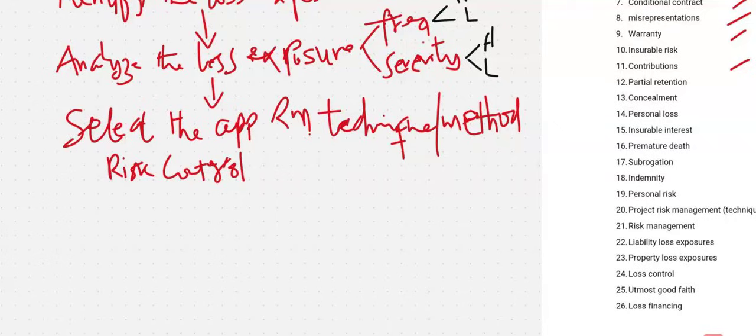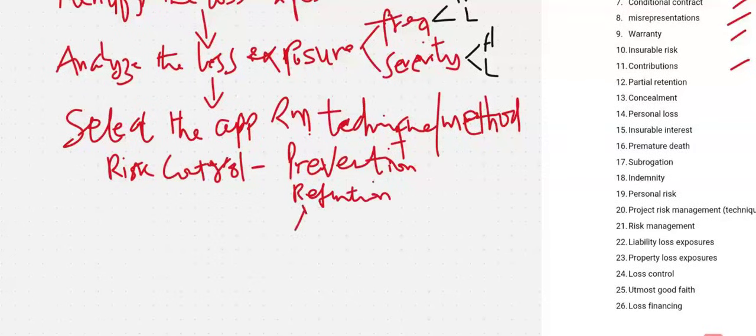Now the risk control measures. We go first with what is called prevention. But this prevention doesn't mean you are preventing the risk. It's a different definition, and I'll explain it. We go with prevention. We go with retention. We go with avoidance.